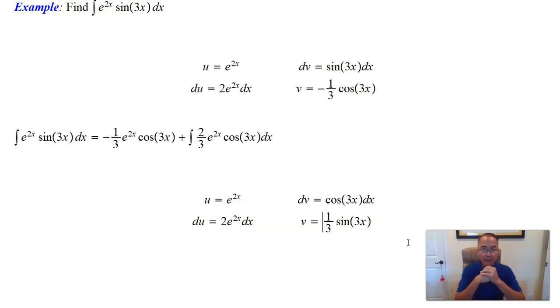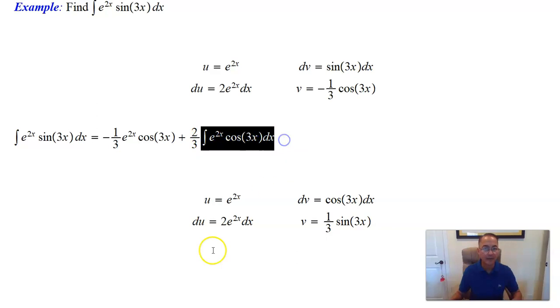Mental check. The derivative of sine 3x is cosine 3x times 3, and the times 3 cancels with the 1/3 to give you cosine 3x. So that is the correct antiderivative to get v. So we want this, and as usual, let's take the 2/3 outside. I'm not going to do an extra step with that, but I will isolate this.